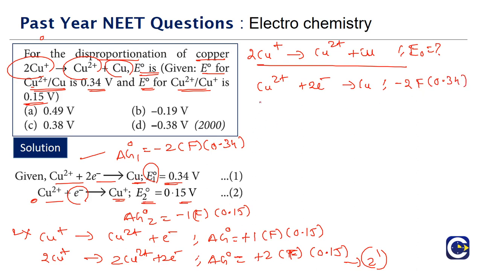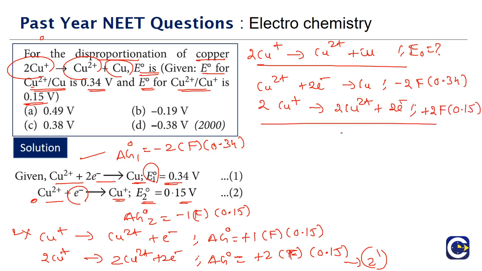The modified second equation is 2 Cu+ gives rise to 2 Cu2+ plus 2 electrons. The del G value for this is plus 2 into F into 0.15. Now if we take a look at these two, what do we understand from here?